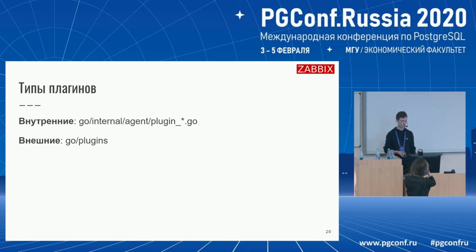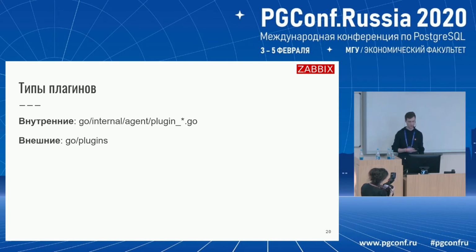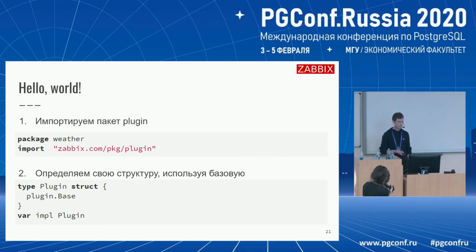So internal plugins can be found in the internal agent directory. The user parameters plugin is implemented like this. The rest, including internal metrics like CPU, drive, memory, are external plugins, and they will have the same capability as our plugins. They can be found in the Go plugins directory.